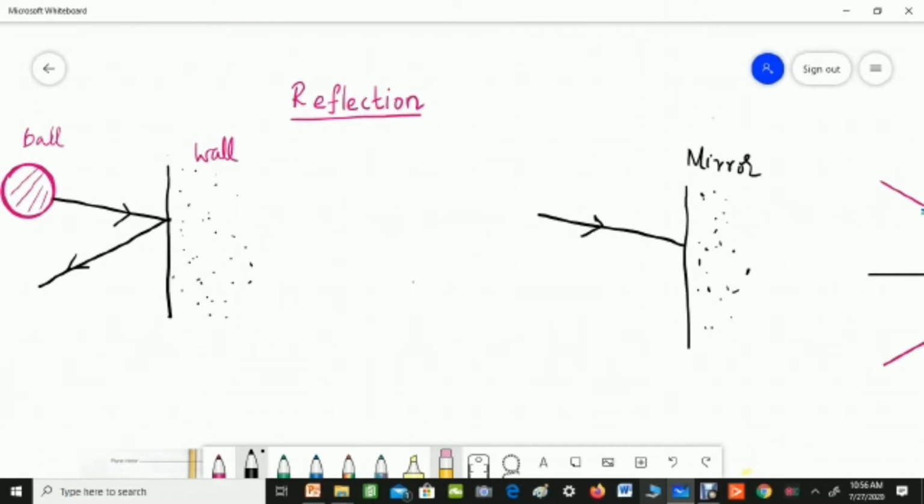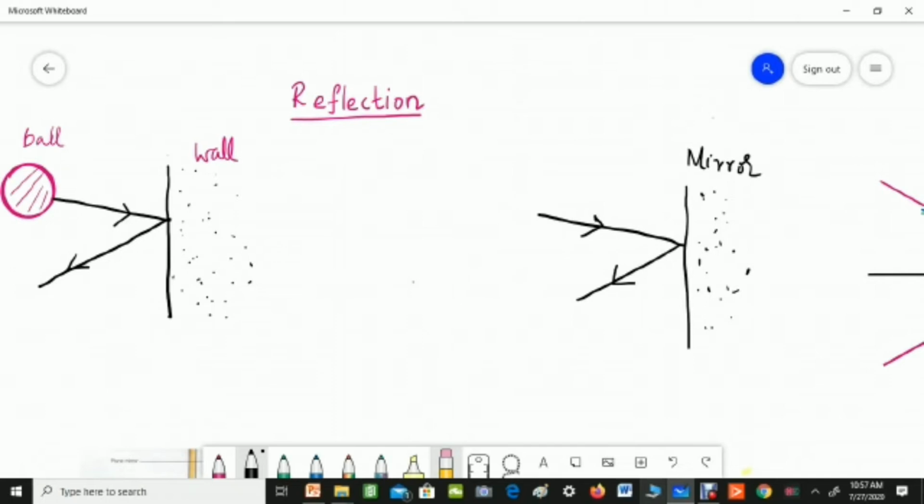You will see that the beam behaves similar to the ball. It bounces off the surface of the plain mirror and goes away in a different direction. This bouncing off and change in direction of light on striking a plain mirror is called reflection of light.